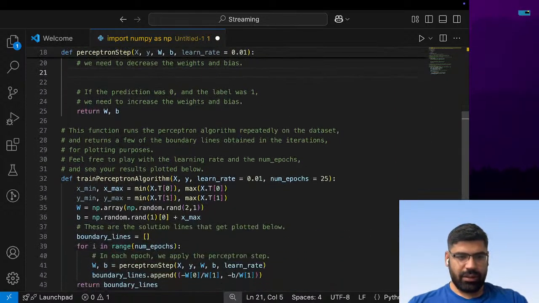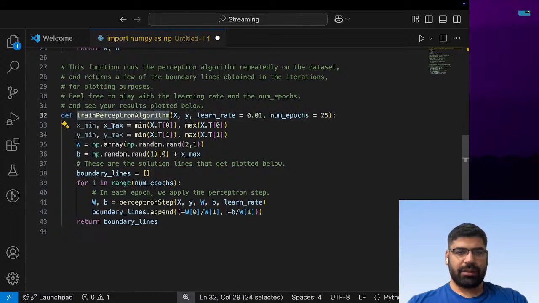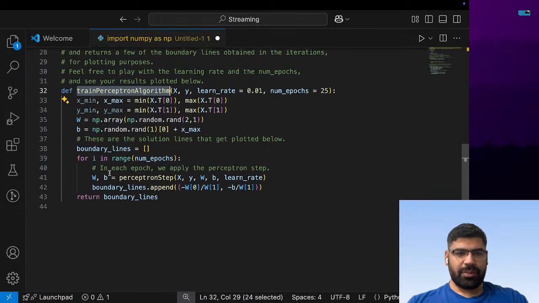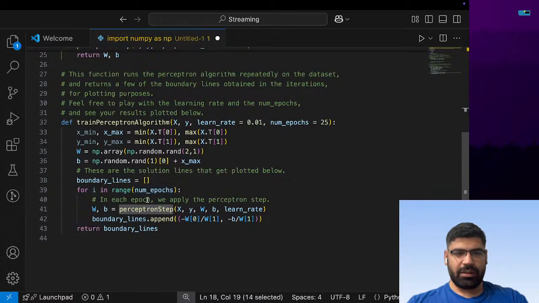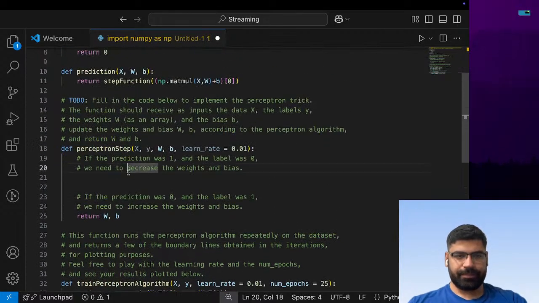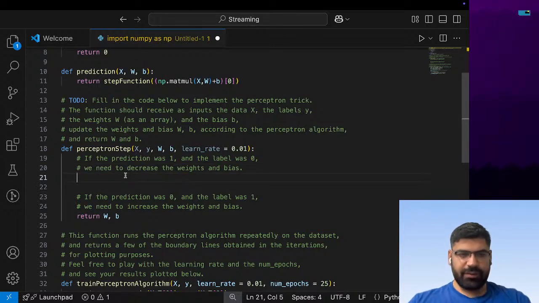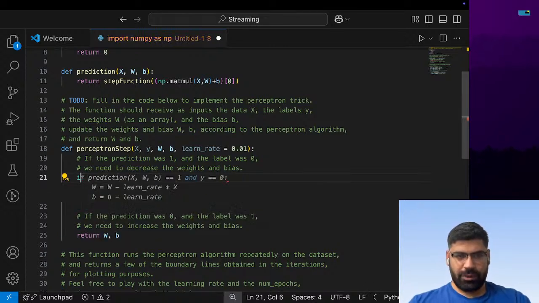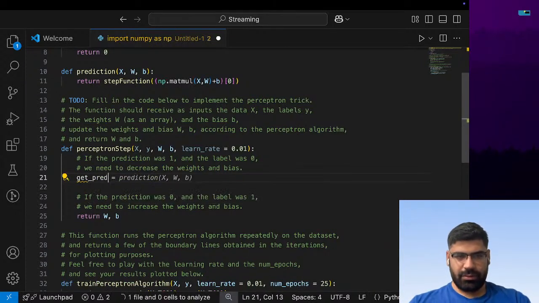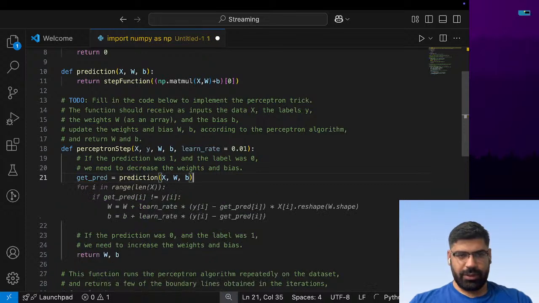First let's calculate. In the train perceptron algorithm, there's this y max min boundary. Where's perceptron step called? So first we calculate the integer, the prediction.